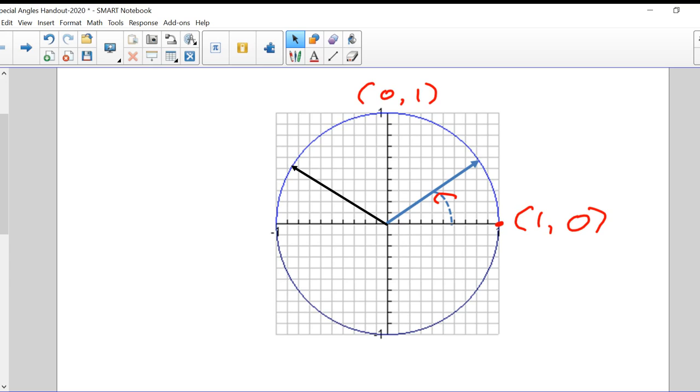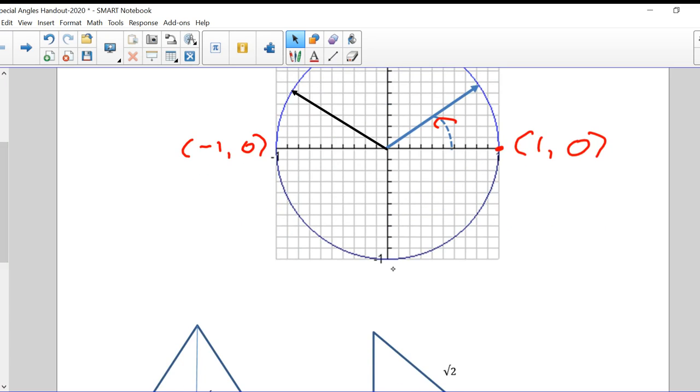If we continue that counterclockwise rotation, at some point you're going to get over here sitting on the negative side of the x-axis, in which case it would be -1, 0. And if you continue down to this point down here, then the coordinates of this point would be 0, -1.